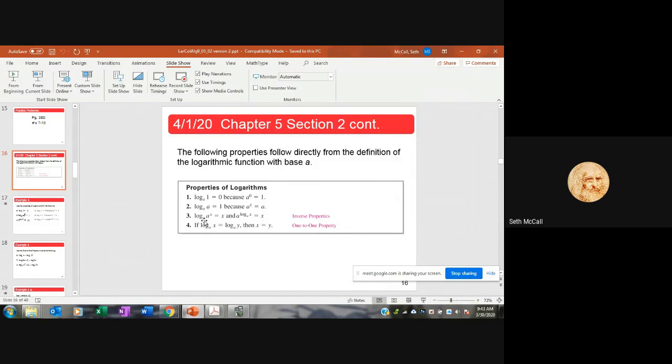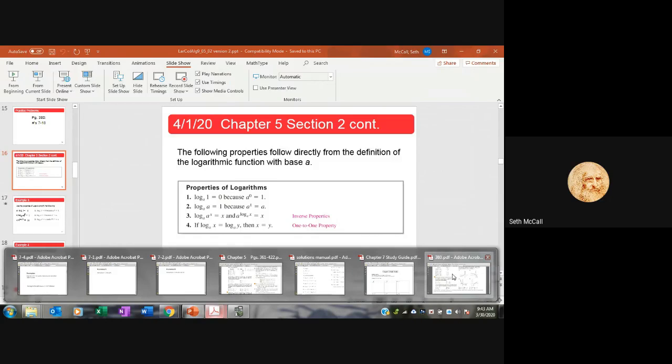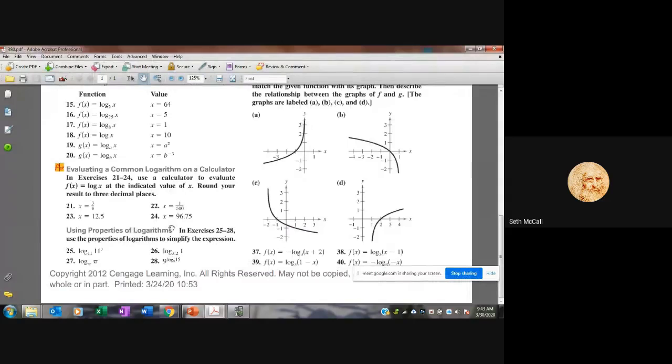The base of the log matches the base of the exponent, and when that happens, both bases cancel, and you're just left with the exponent x. So going back to our homework, this particular problem just turns into 7, because the 11s cancel like that.